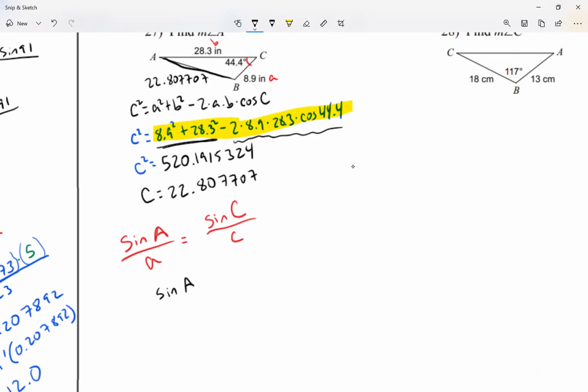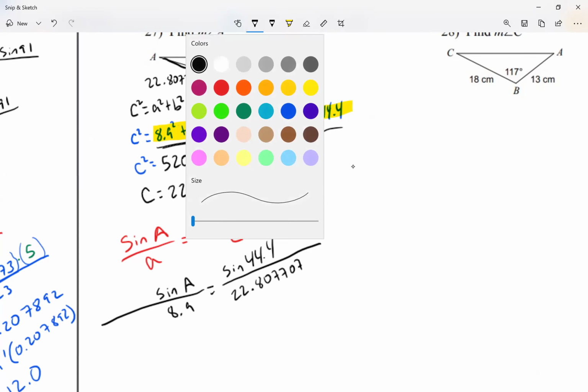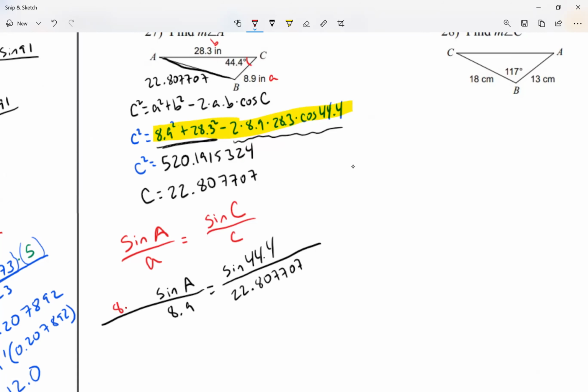Sine of A, let me write a big fraction, divided by 8.9, is equal to sine of 44.4 divided by 22.807707. Now I wrote big fractions because I'm going to multiply both sides by 8.9. This thing cancels out. So don't forget the parentheses on sine. Don't forget that.